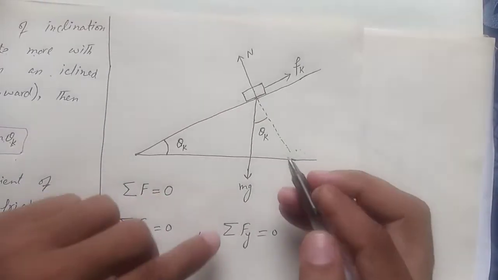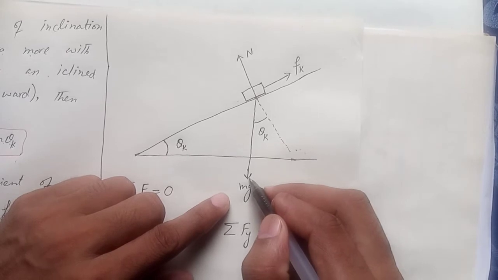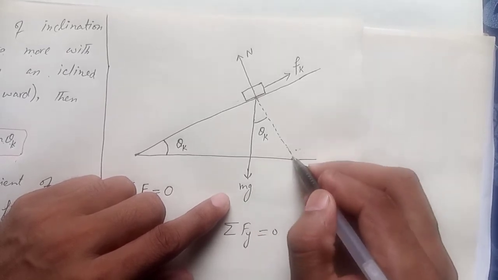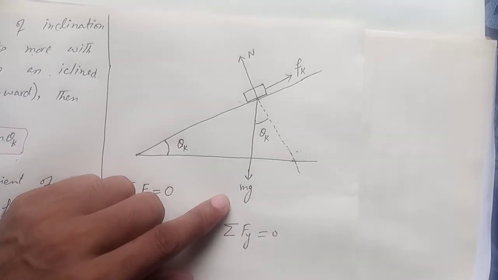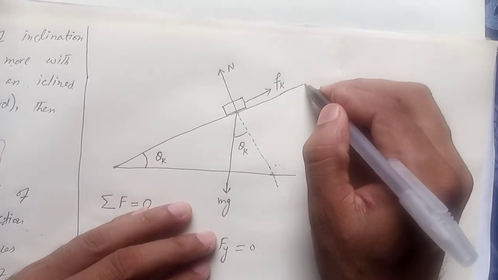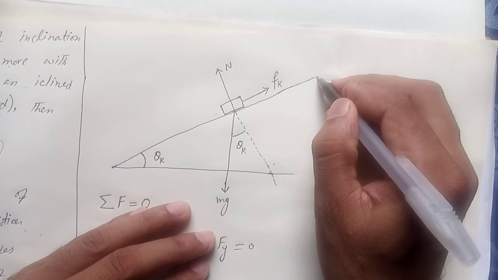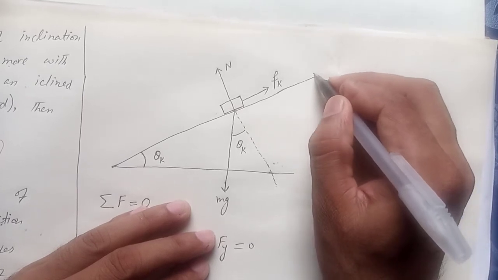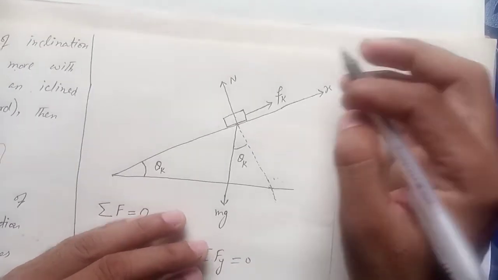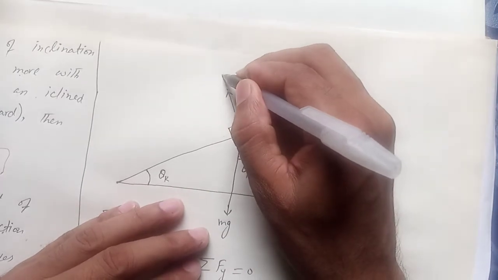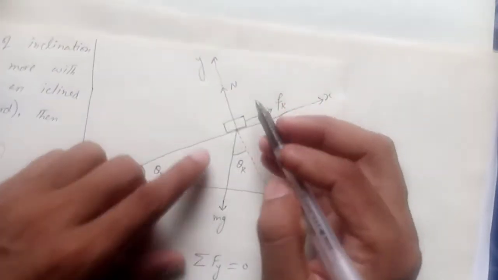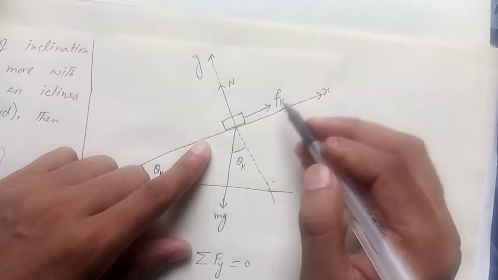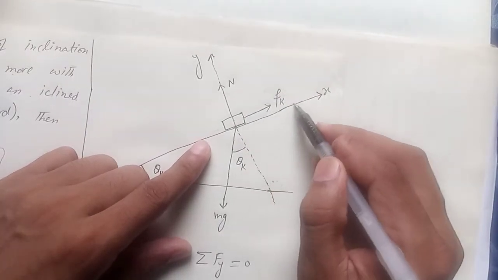So we can resolve the force mg into its rectangular components, and for our convenience, let us suppose that this line represents the x-axis and this line represents the y-axis. So the normal force is along the y-axis and the Fk force is along the x-axis.